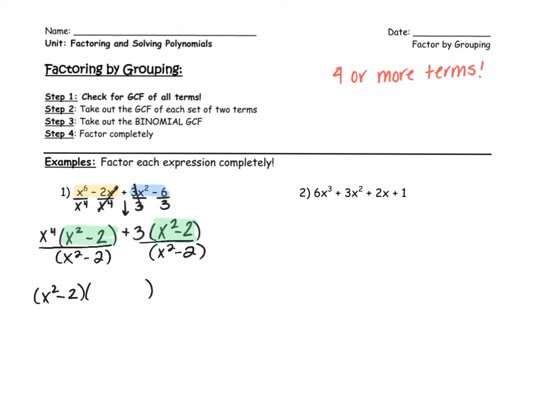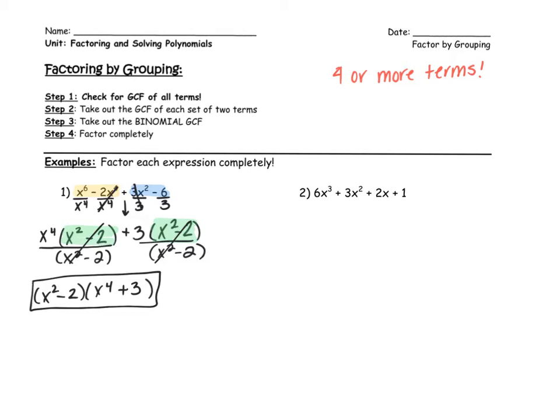Now what you'll notice in the first two terms, the x squared minus 2's cancel, and we're left with this x to the fourth term. And then in the second two terms, these x squared minus 2's will cancel, and I'll be left with that 3. So plus 3. And this will be our final answer.